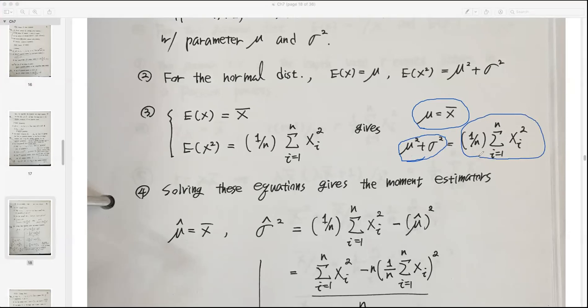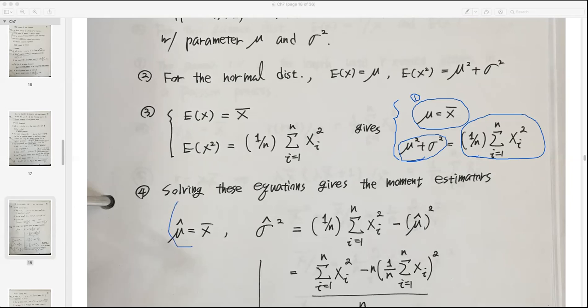So we have a system of equations for mu and sigma. Keep in mind we want to find the moment estimators of mu and sigma. We don't know mu and sigma, so that's a problem. From the first equation, the moment estimator of mu is x bar.